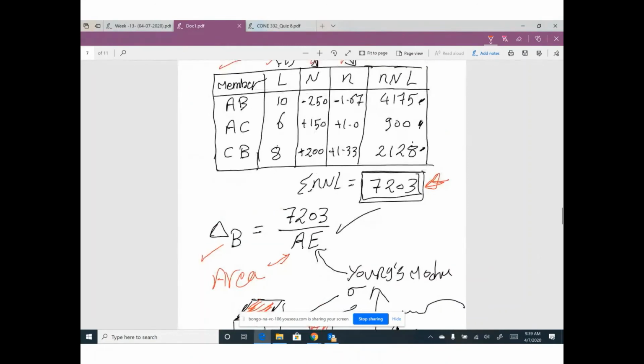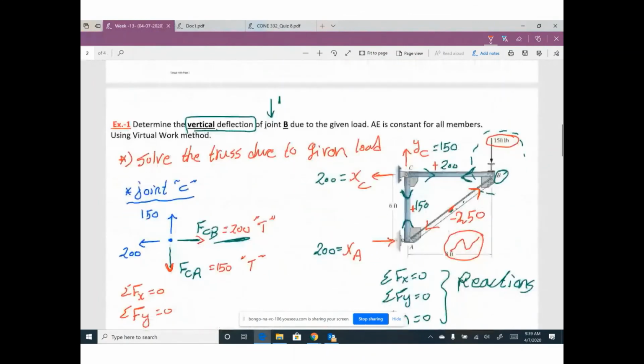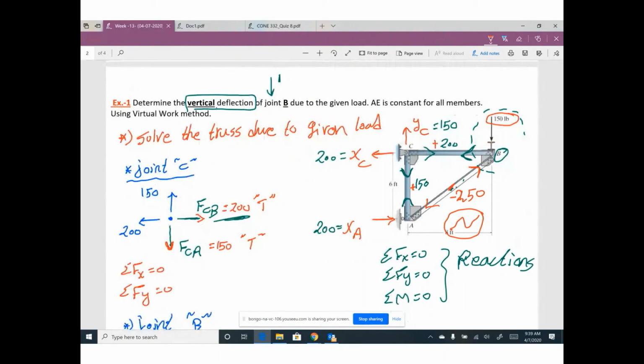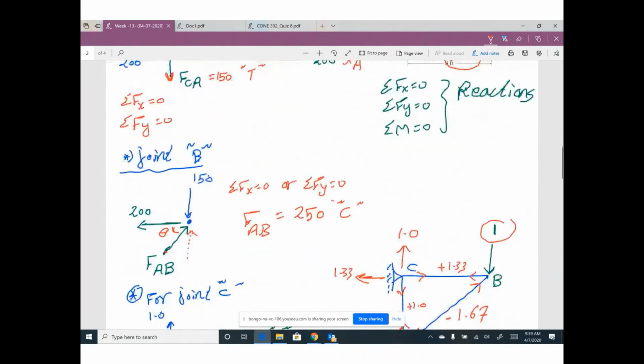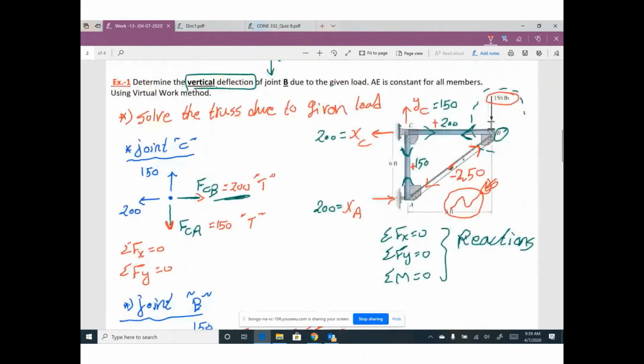So I think this method is very easy if you are familiar with how to solve trusses. First step, you need to solve your truss due to the given load, and these internal forces are called capital N. Second step, you need to remove these loads and put one unit load, where and how based on what is required in this problem.